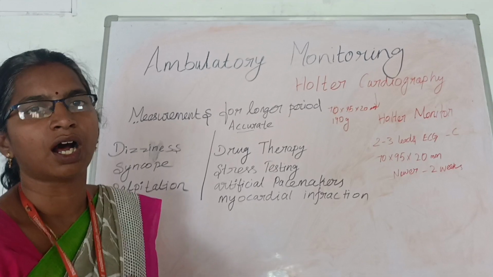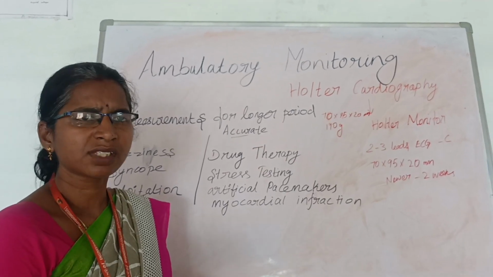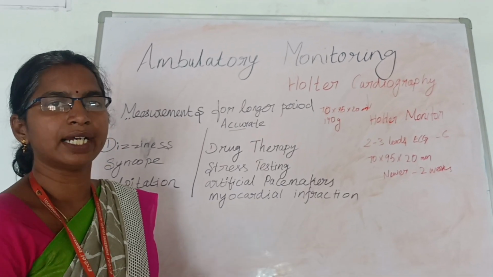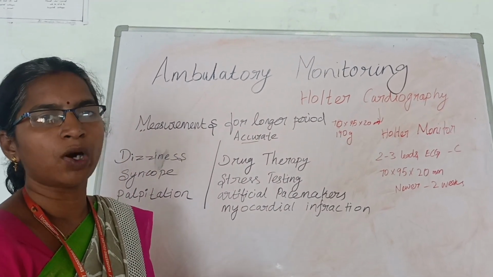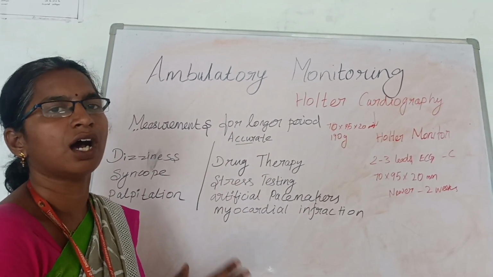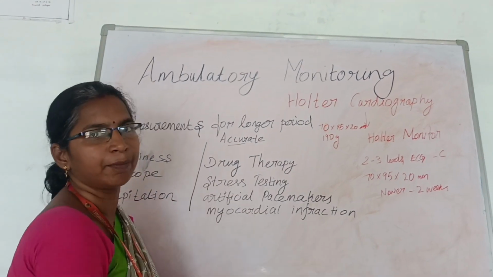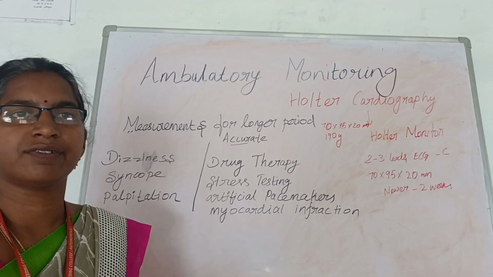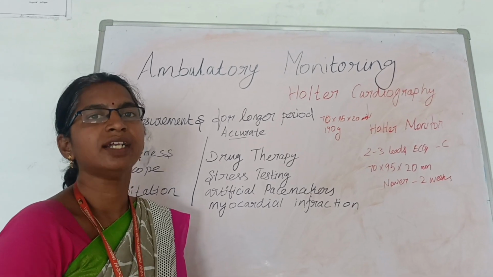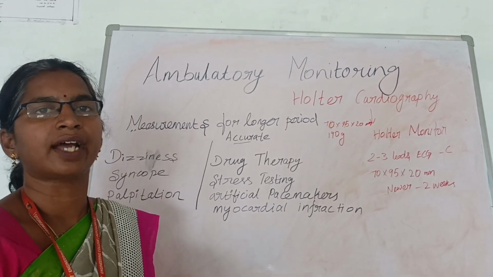Then there are patients who have already suffered cardiac-related issues and have been fitted with artificial pacemakers. To monitor those artificial pacemakers, we need ambulatory monitoring, not only bedside monitoring. The advantage of the pacemaker is that they can be involved in their routine activity.